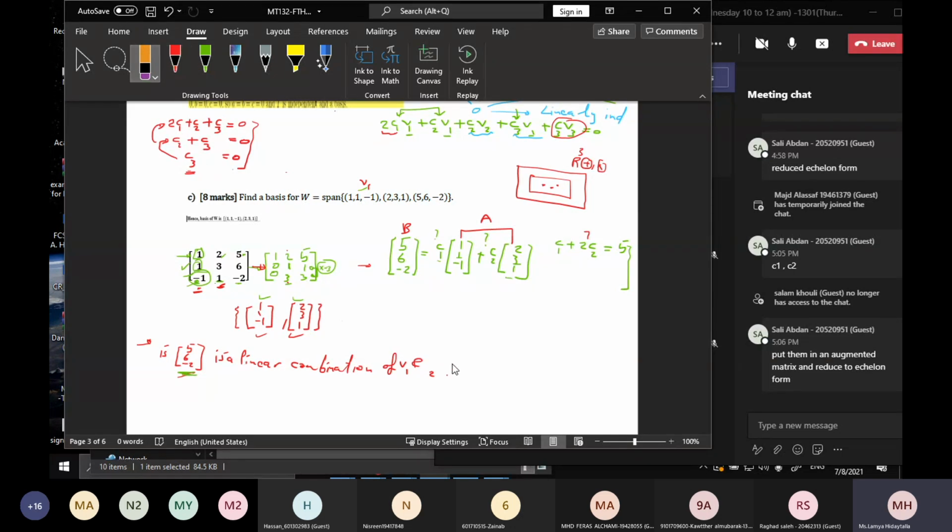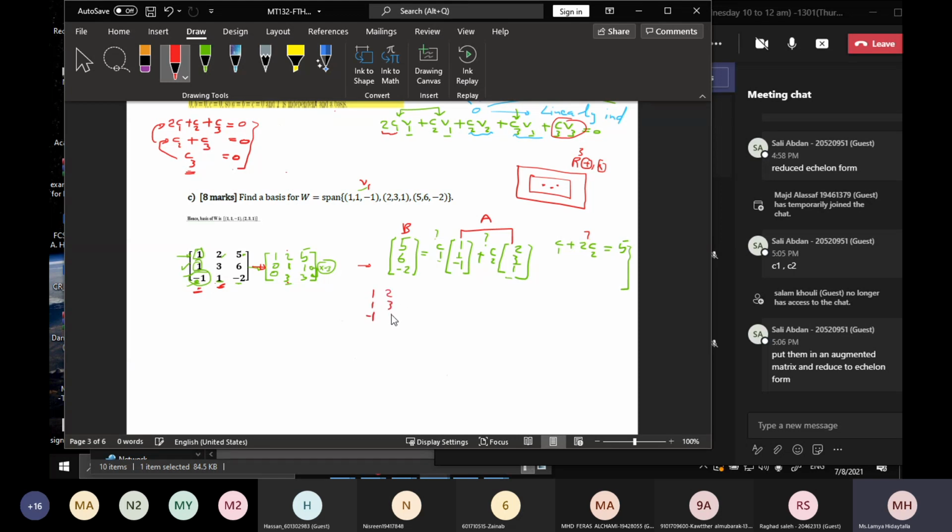augmented matrix بيكون شكلها شنو؟ Okay. اللي هي حتكون عندنا this is the A part اللي هتكون 1 1 minus 1 and then here 2 3 1.